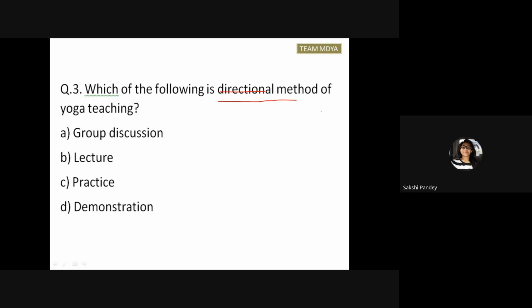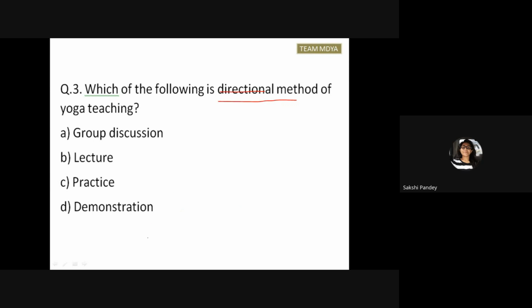Ma'am, is it that one where the teacher will ask students to practice after the class also? Yes, the extra practice. So in the directional method, remember the first line, assignments for extra practice.